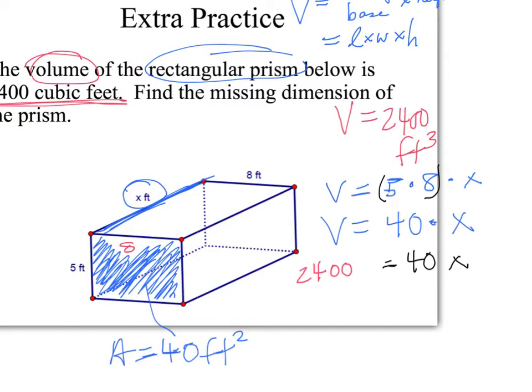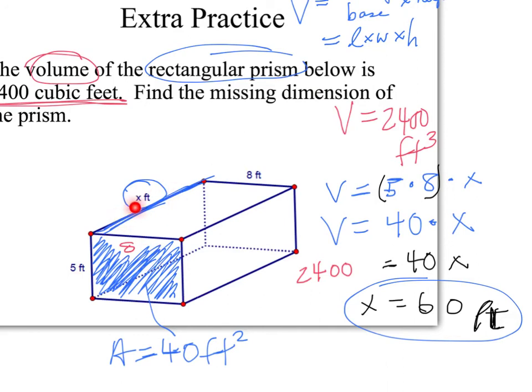If you divide by 40, you will end up getting x is, let's see, kill the 0, 4 into 240 goes 60 times. So I believe you will get 60 feet as the missing dimension. That says feet. It doesn't look like feet, but it does say feet. 60 feet. Is that all they wanted us to do? Let's just scan and find the missing dimension. I did it. All right, 60 feet.